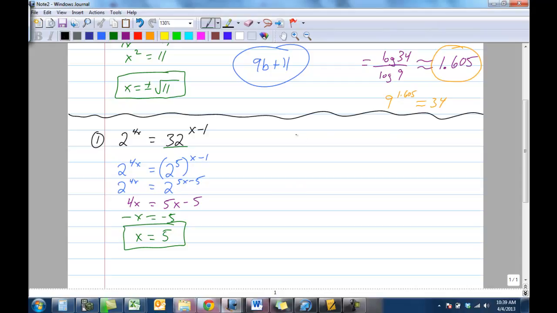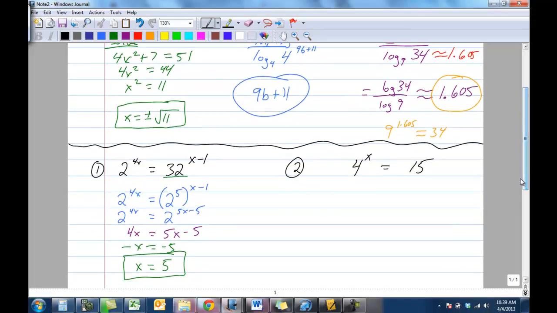But let's go on to number 2. 4 to the power of x equals 15. Notice I put some spaces here. Little tip. Hey, back in the warm-up, we had log base 4 of base 4.